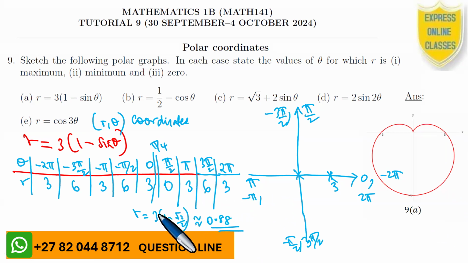So which means that at pi over 4, which is here, you would have 0.88. But you see the 0.88, it's somewhere there. 0.88 is the radius. So at 3 pi over 2, you're going to have that. Then you're going to have this one.